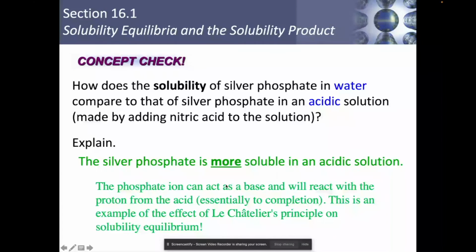Cl minus is, remember, a horribly weak base. It's the most weak base we could get, or one of the most weakly basic things we can get, because it is the conjugate base of a strong acid. Phosphate, not so much. Phosphoric acid and all that stuff, that's very, very weak. And so it's going to be a pretty decent conjugate base.